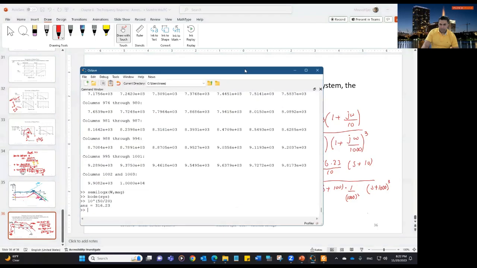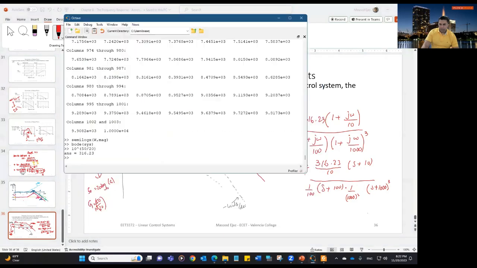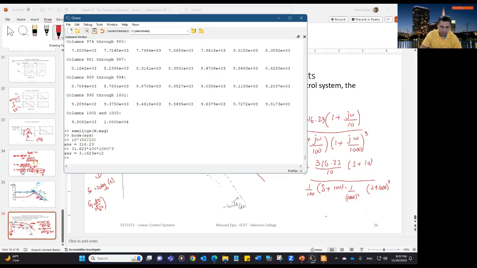So that's going to be simply 31.623, and this is going to go in the numerator, times 100 times 1000 to the power 3. That's going to be a huge gain, 3.1623 exponent 12.